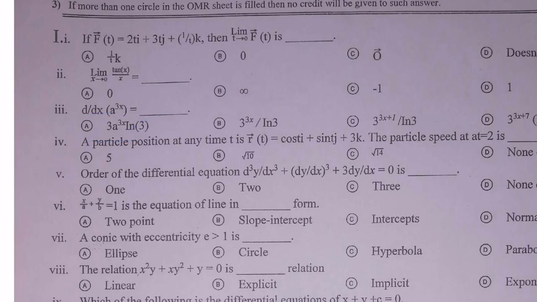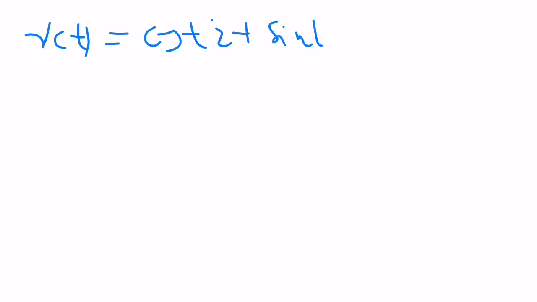Fourth one, a particle position at any time t is r of t is equal to cos t in i direction plus sin t in j direction plus 3k in k direction. The particle speed at t is equal to 2 is what? Given that r of t is equal to cos t i plus sin t in j plus 3k.